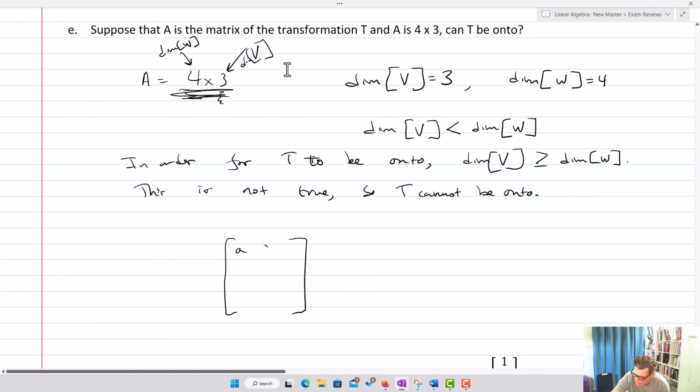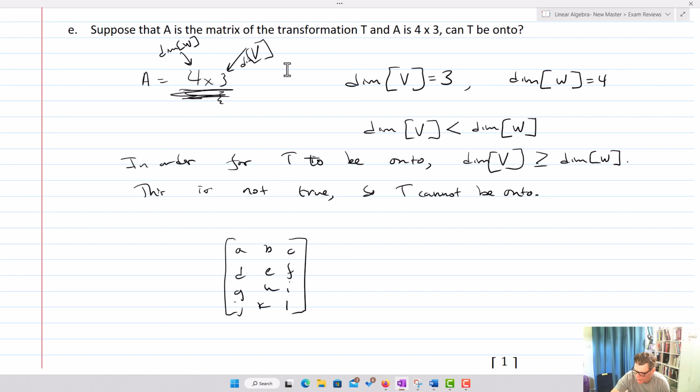So A, B, C, D, E, F, G, H, I, J, K, L. That's going to be multiplied by three-dimensional vectors x1, x2, x3. And then that'll equal a four-dimensional vector, just by matrix multiplication: y1, y2, y3, y4.